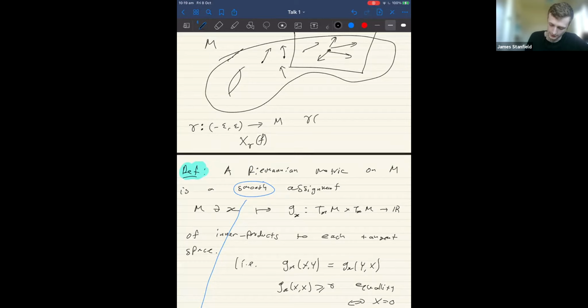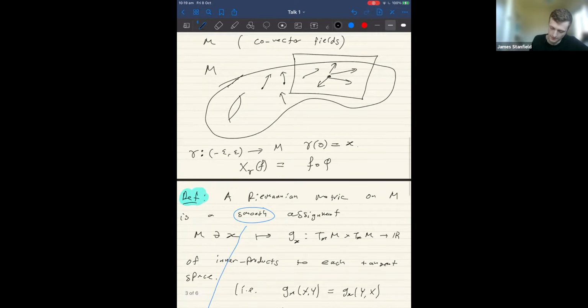So we want this curve to begin at x. And this would be f after gamma.